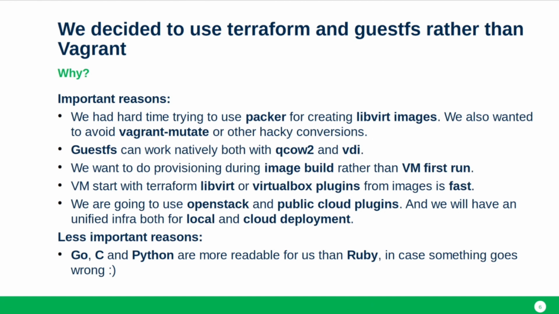Another important thing is that Terraform gives us the possibility of using OpenStack and maybe some public clouds in the future. A less important reason is that if anything goes wrong, I would rather debug Go, C and Python than Ruby.